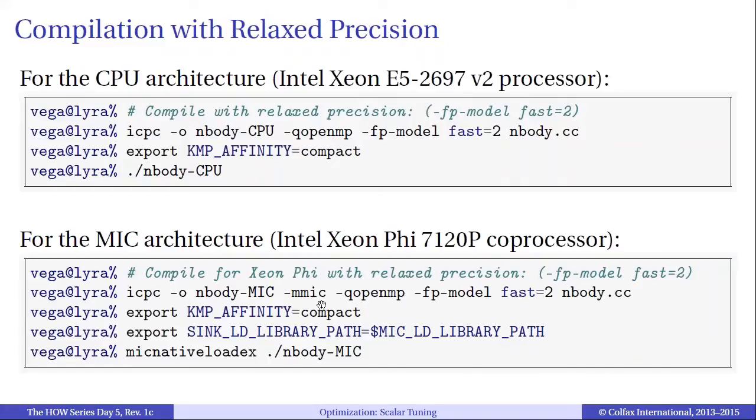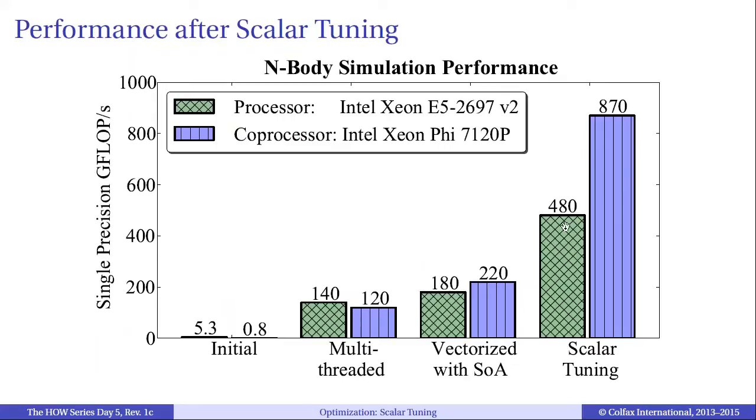The same I can use when I compile for the Xeon Phi architecture. I use fp-model fast=2. This compiles with the most aggressive floating point optimizations. The result is pretty interesting. Thanks to these optimizations, on Xeon Phi I got 4 times more performance.